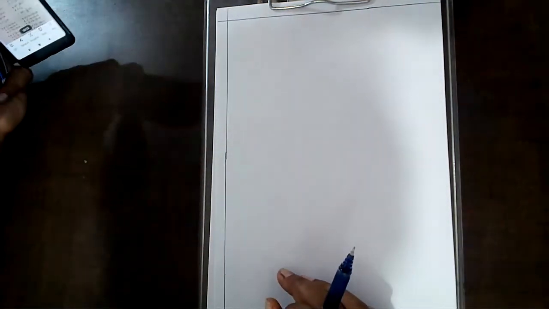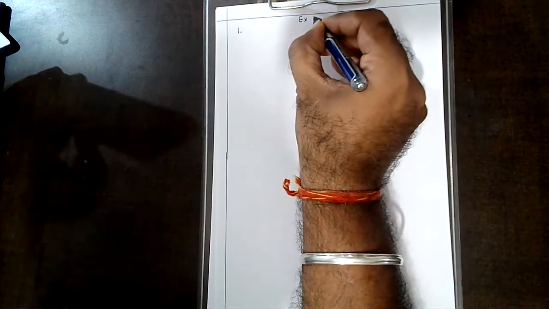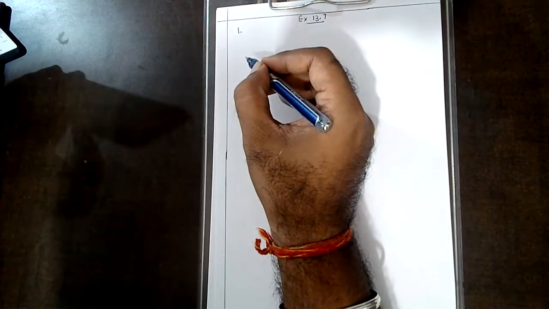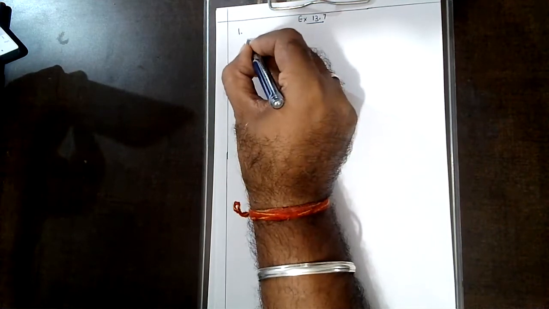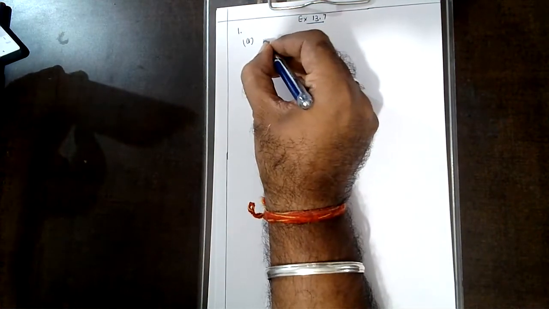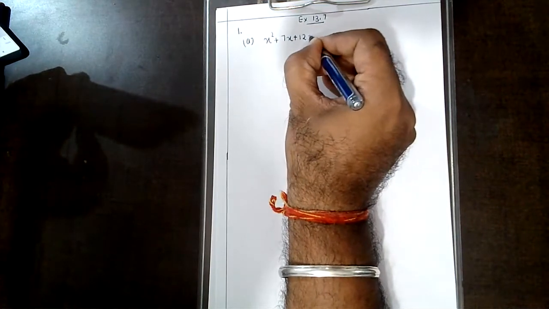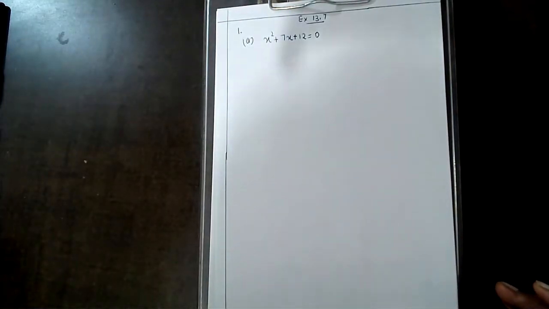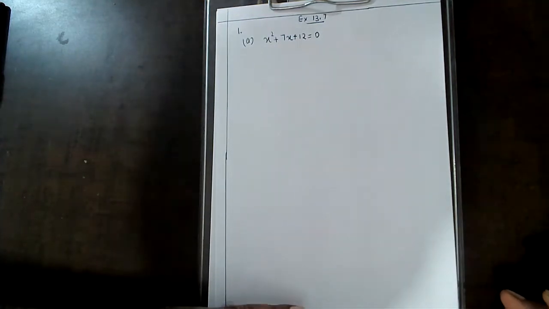Let us take question number 1, exercise 13.7, A: x square plus 7x plus 12 is equal to 0. We will learn some method to solve this by factorization.